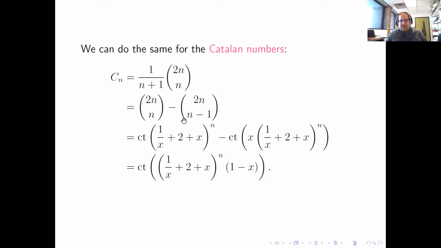And I can subtract a similar expression for the second binomial coefficient. I multiply by x here just to shift things a little bit, so I get n minus 1 here. And after simplification, I get another expression giving me the Catalan numbers as the constant term of some Laurent polynomial.